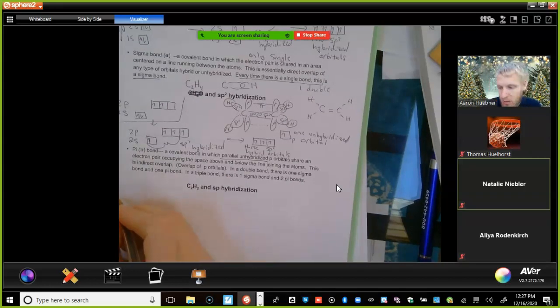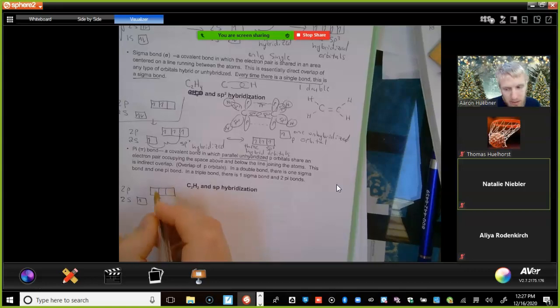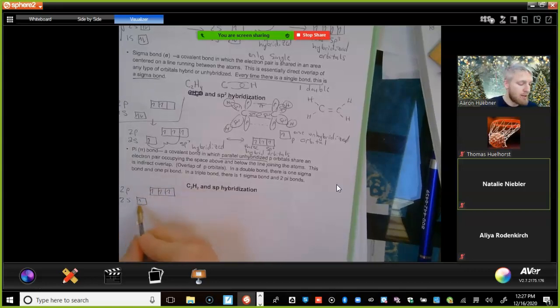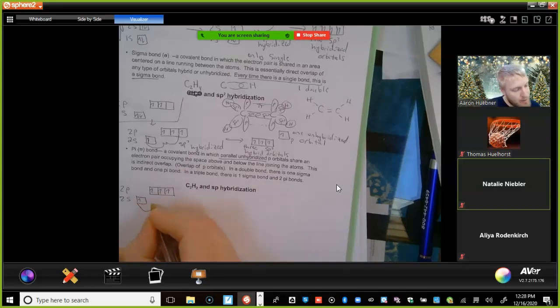So, doing the little orbital filling diagram, we got 2s. We're still dealing with carbon. We've got 2p. So normally you have 2 electrons in here, and then 2 electrons in the p, but one moves over and hybridization occurs. But the hybridization that occurs here is just 1s and 1p.